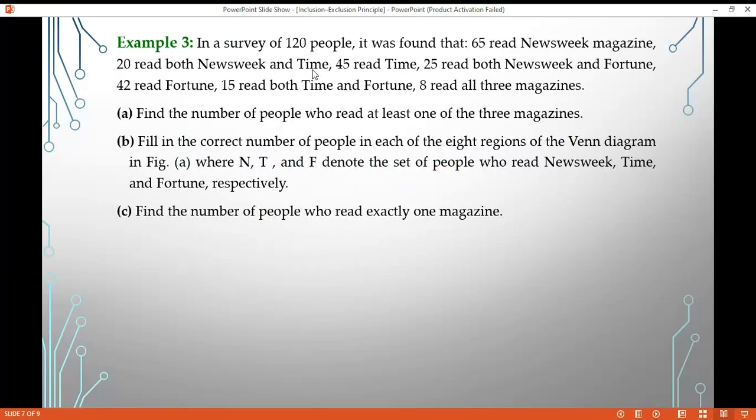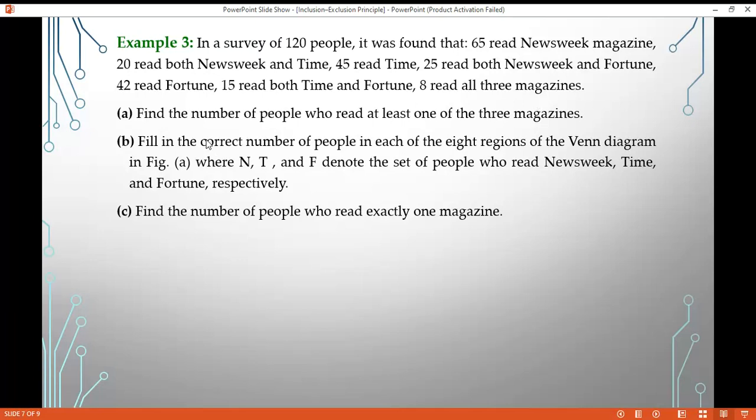In a survey of 120 pupils, it was found that 65 read Newsweek magazine, 20 read both Newsweek and Time, 45 read Time, 25 read both Newsweek and Fortune, 42 read Fortune, 15 read both Time and Fortune, and 8 read all three magazines.